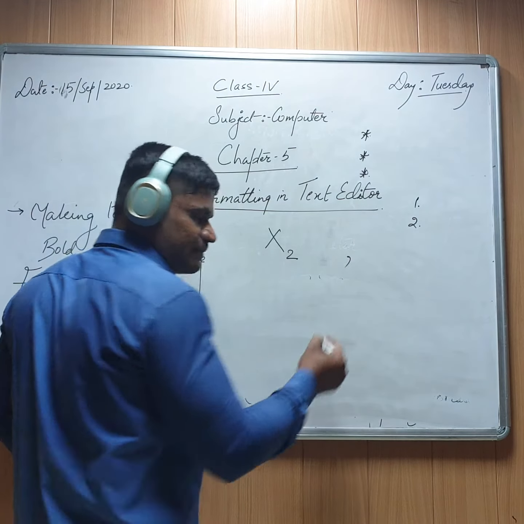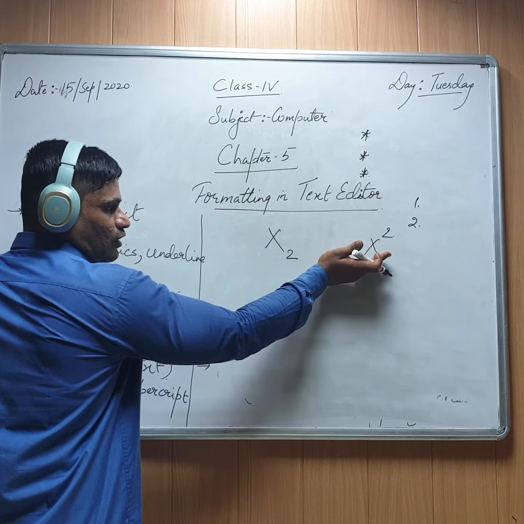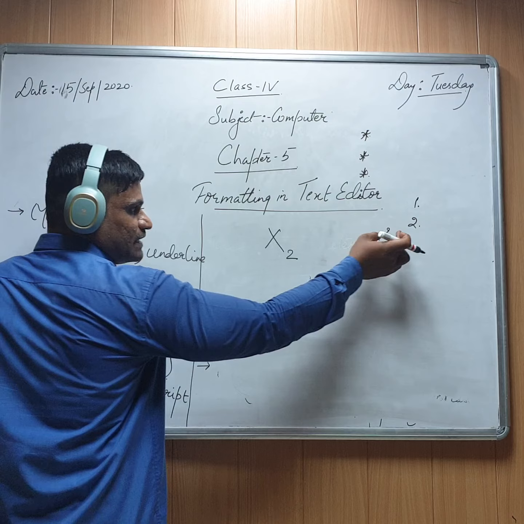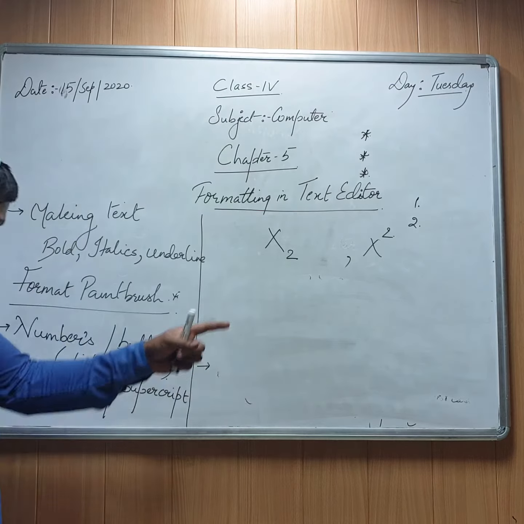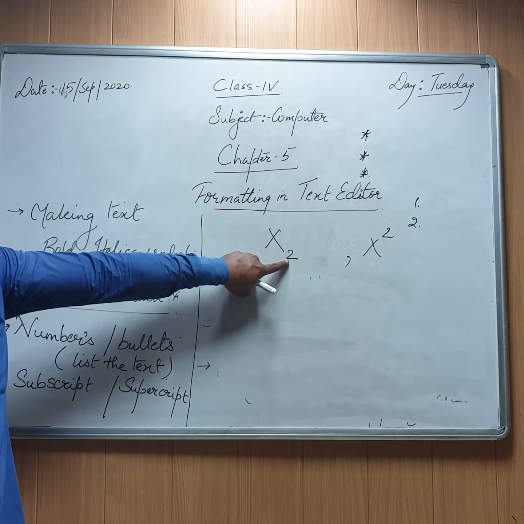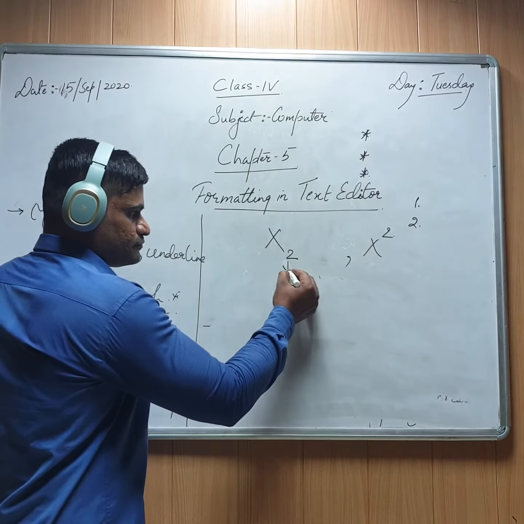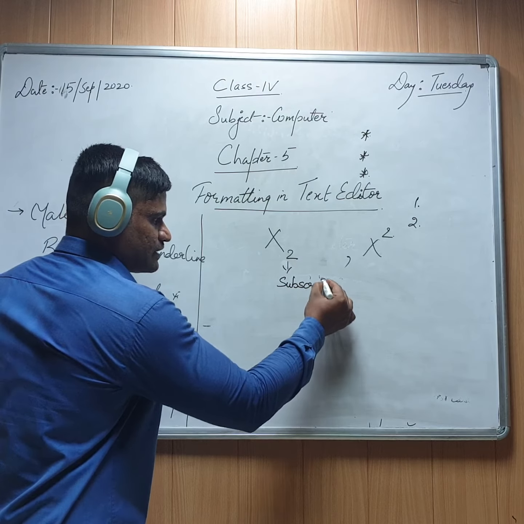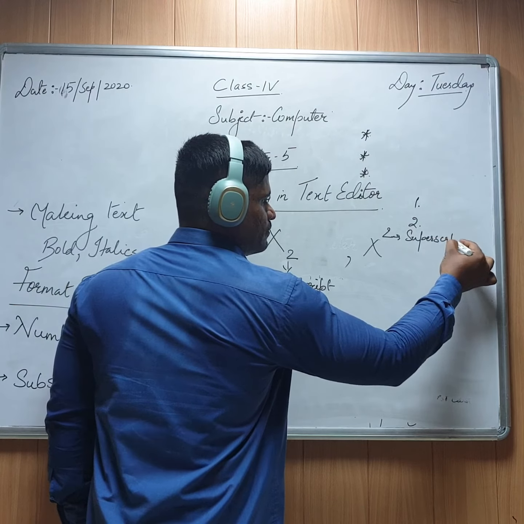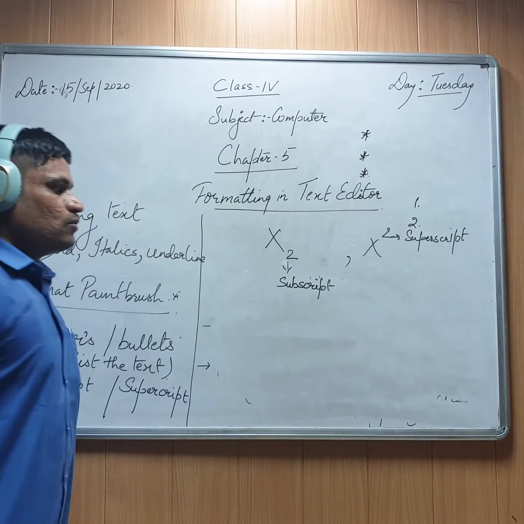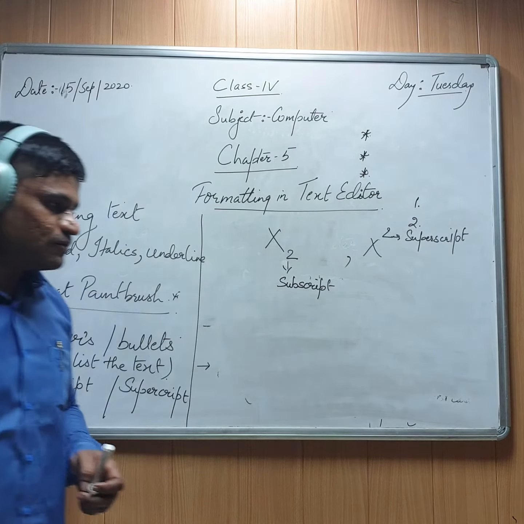Or sometimes in mathematics you have seen x to the power this, where the alphabet is written at normal size, but the next letter has been written on the top part. So this is your subscript, that is the letter which is written at the bottom of the previous letter. This is superscript. This is your subscript and this is your superscript. So you will learn how to write subscript and superscript. You will learn that also.